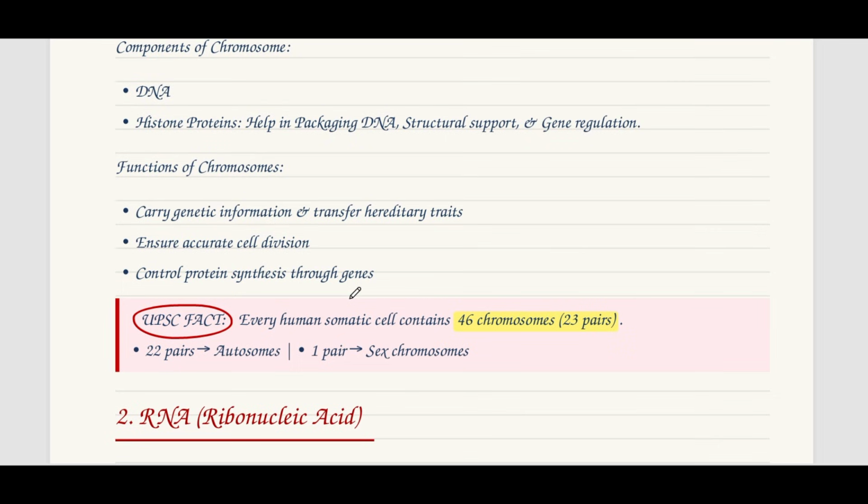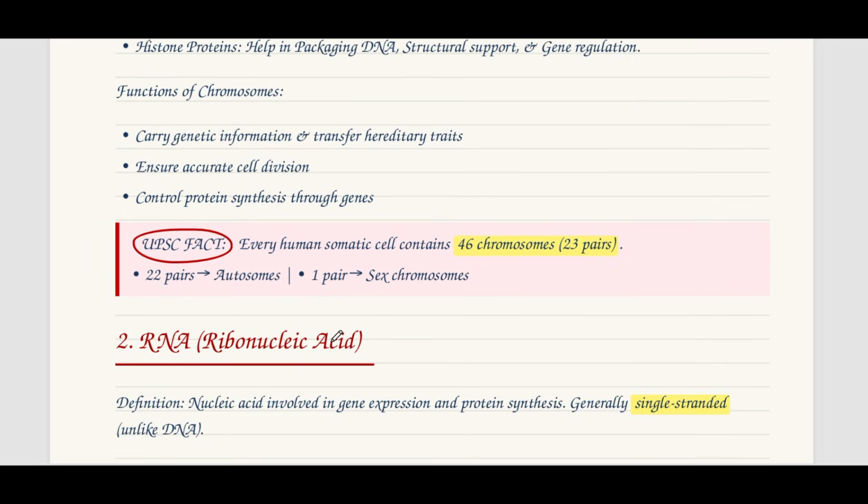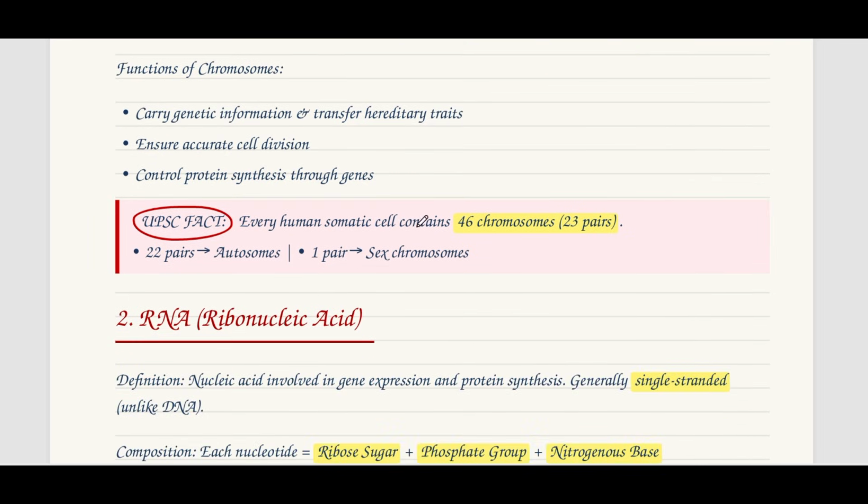For example, our human somatic cell contains 46 chromosomes. There are 23 pairs; of those, 22 pairs are autosomes and one pair is the sex chromosomes.